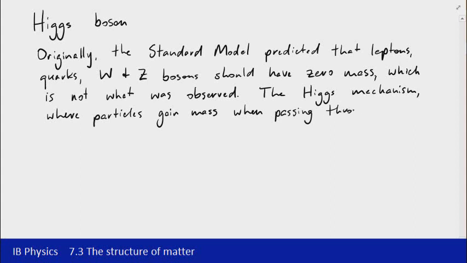So in the same way that we have gravitational fields, electric fields, magnetic fields, this Higgs field was proposed as being the thing that allowed particles to have mass, and that mechanism was introduced to solve this problem of some of these particles not having zero mass.